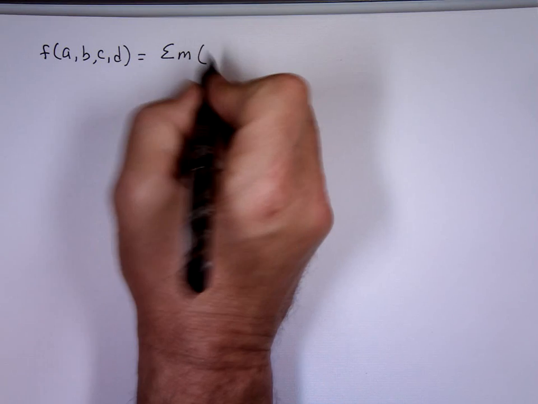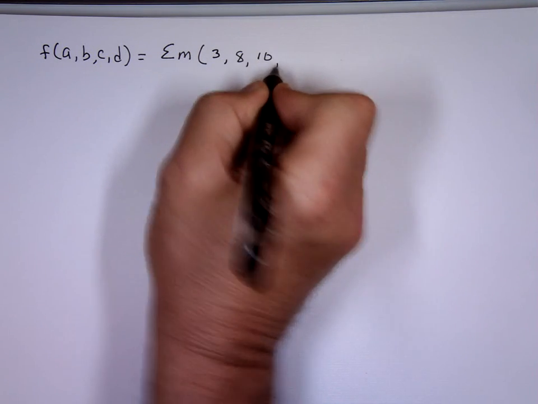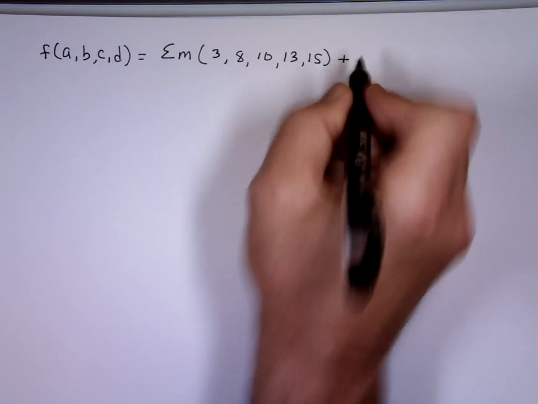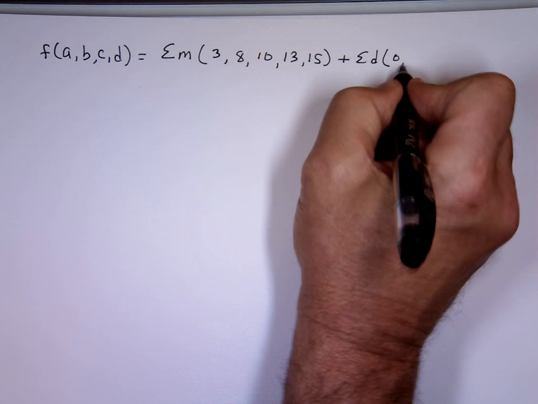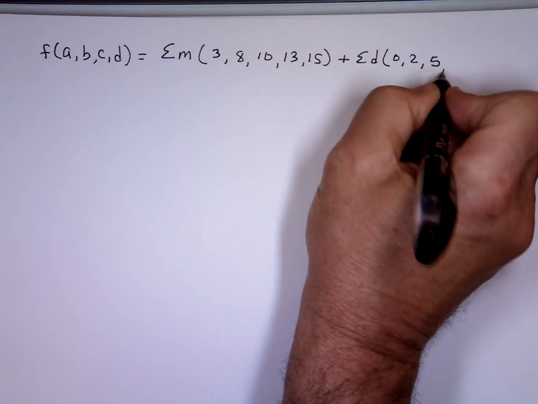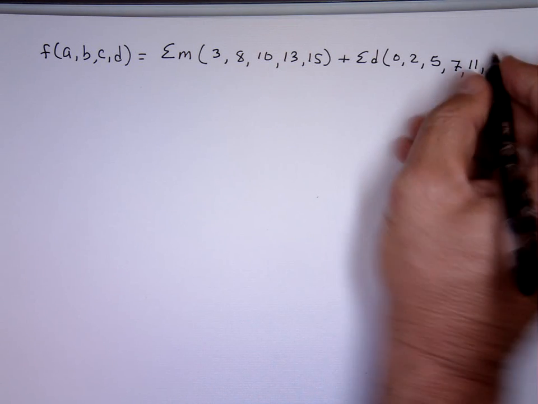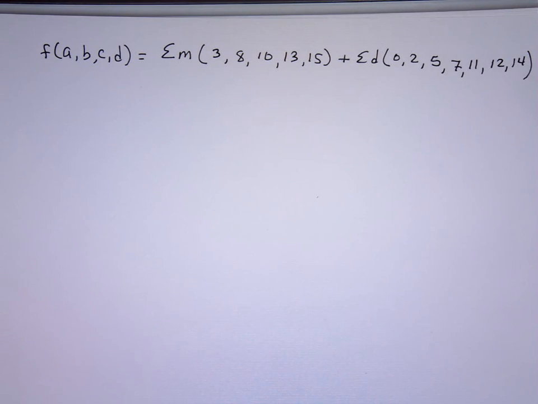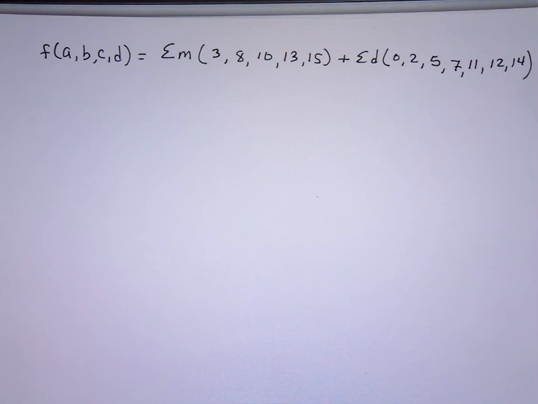So the minterms here are 3, 8, 10, 13, 15, plus the don't cares at 0, 2, 5, 7, 11, 12, and 14. The fact I have a lot of them is a hint that I could actually have a lot of choices here.